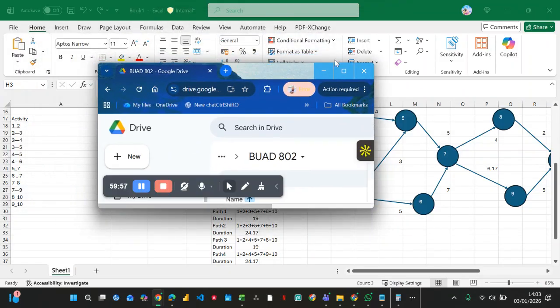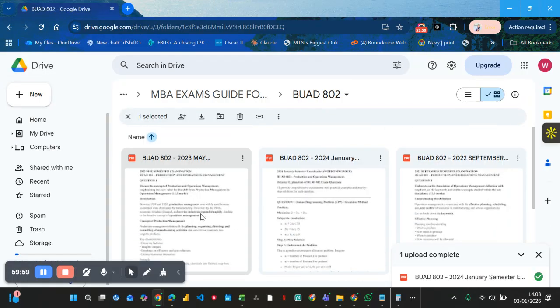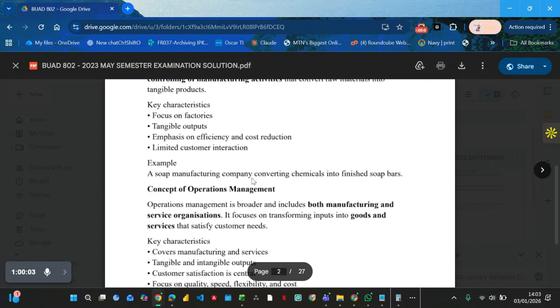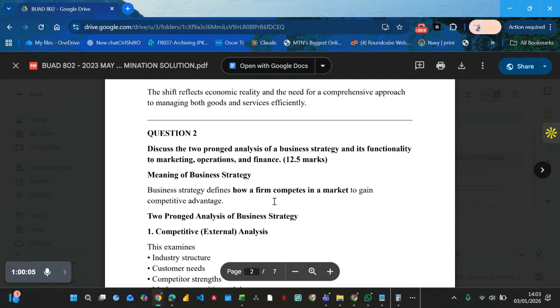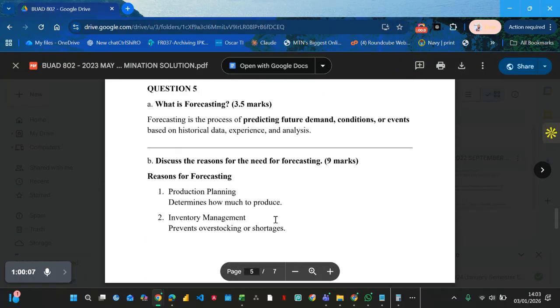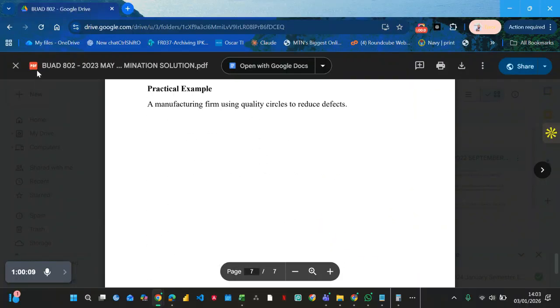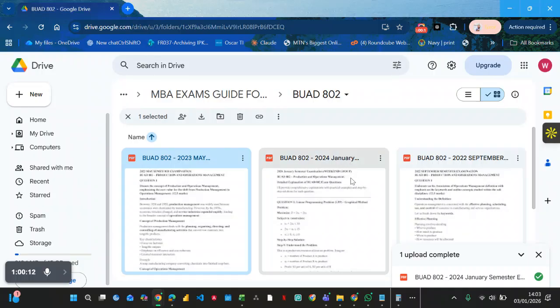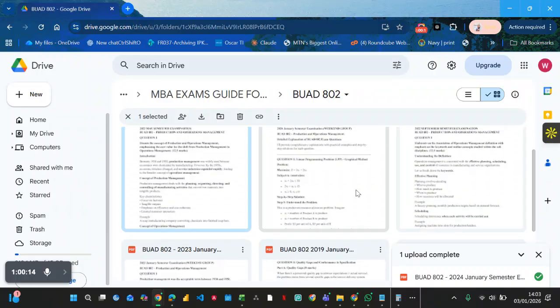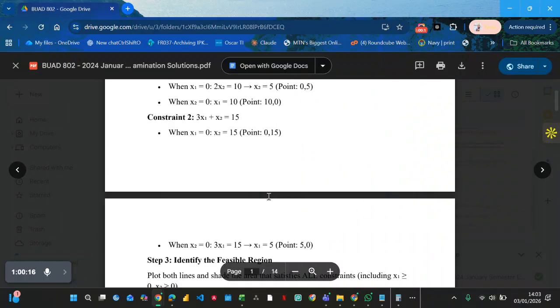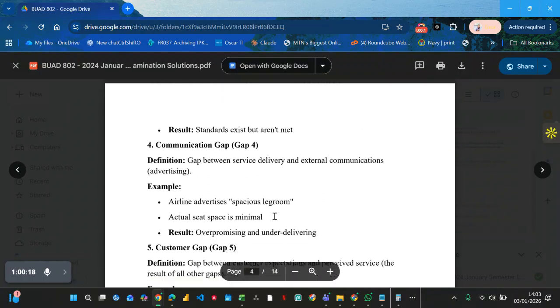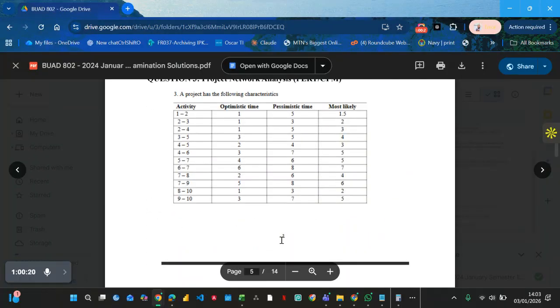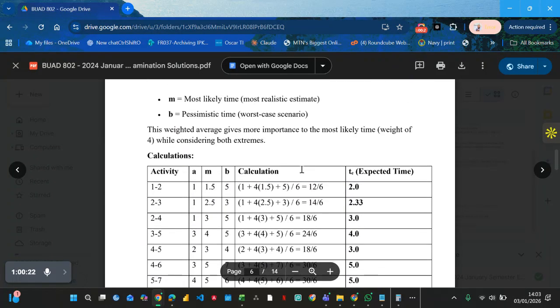But let me show you an example from our math. I don't know whether you have this, but one of the questions here I saw with that. I hope you can see my screen.